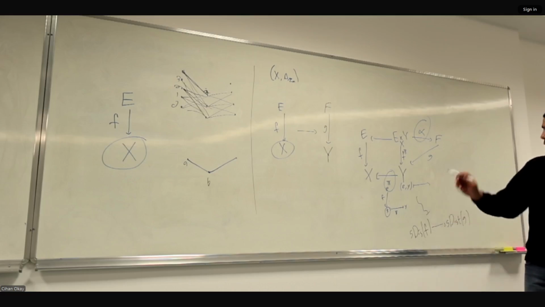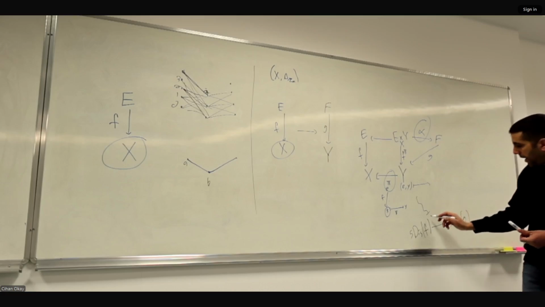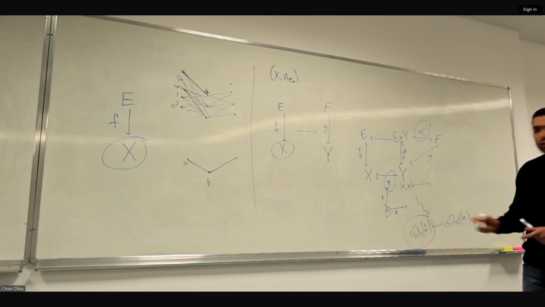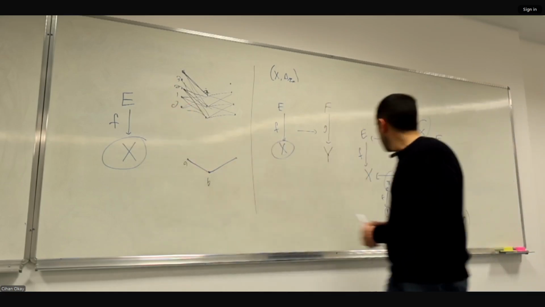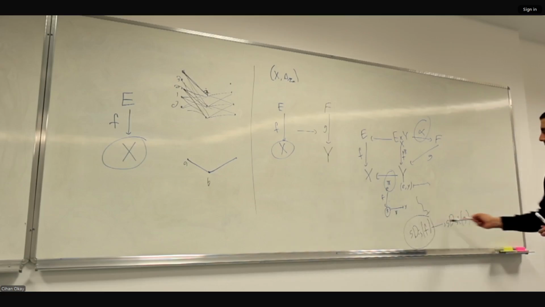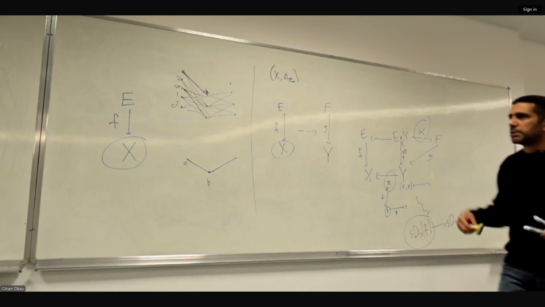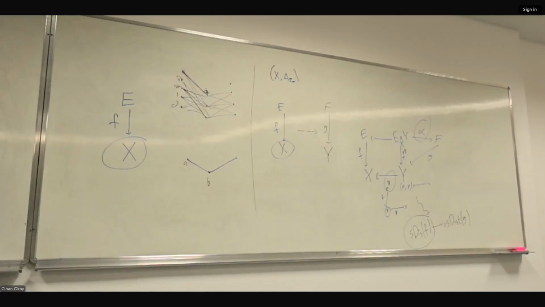We want it to induce a map from here to here. It's much more complicated than before, so I didn't even define yet what a simplicial distribution on such a scenario is. So let me define this, and then how we can get this map we will explain in more general language.